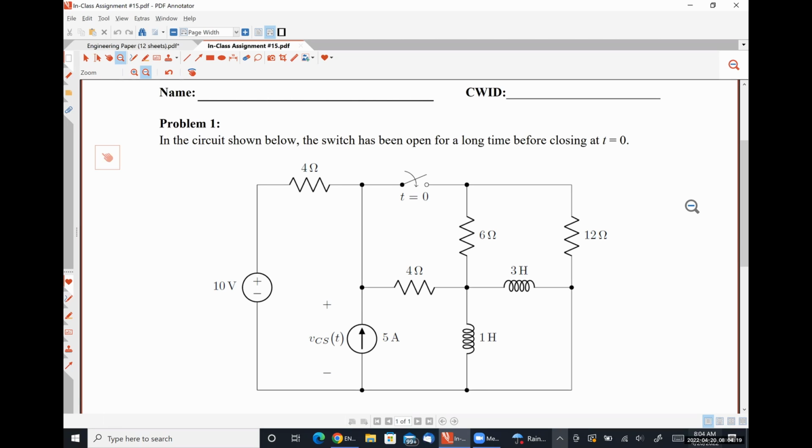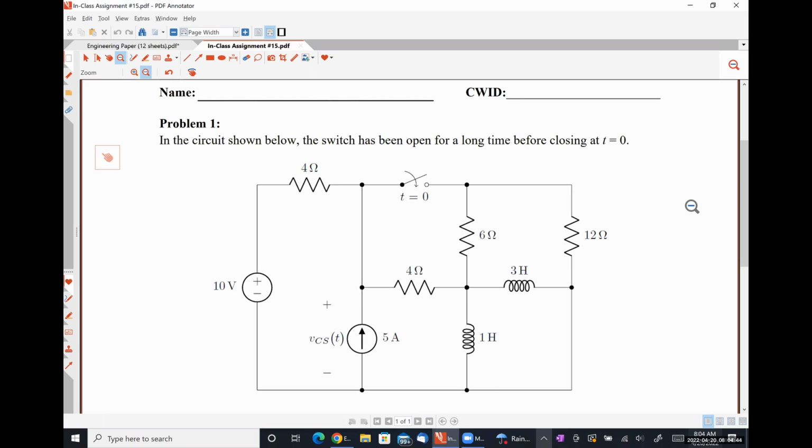The only thing to point out here is that while you are not specifically asked anything having to do with the inductor current, you are going to need to figure out what that is to understand how to analyze the circuit at t equals 0 plus, because you all know, I hope, by this point that the inductor current cannot change between t equals 0 minus and t equals 0 plus.